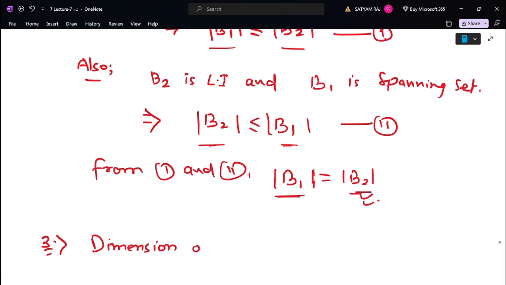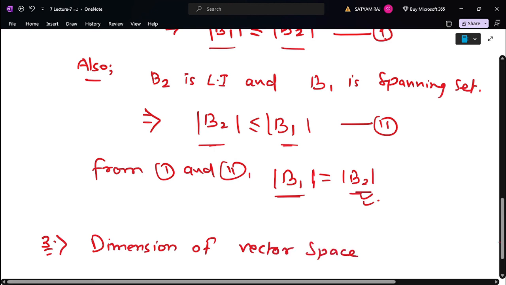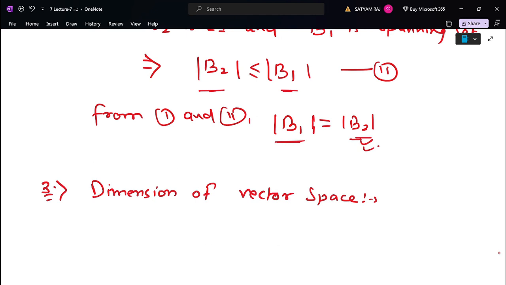Now, third thing, we will define the dimension of a vector space. What is the dimension of a vector space?